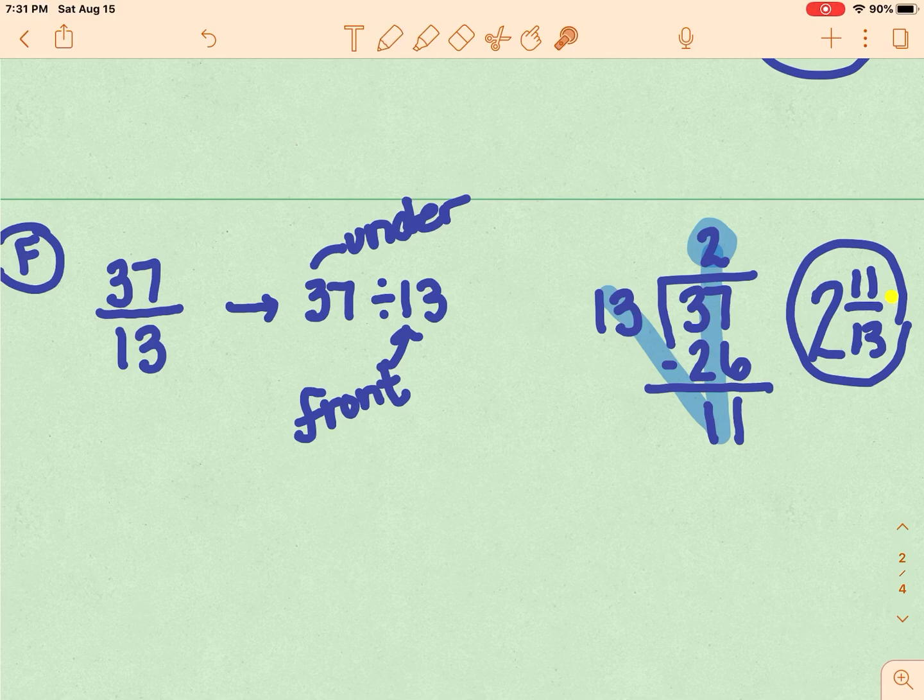Now remember, we do need to check this part to make sure it doesn't reduce. Since 11 is prime and 13 is prime, they don't have anything in common, so that's going to be your final answer. Okay, now make sure on all of these, you have these examples in your notebook. And make sure that you go back and rewatch this if you feel like you're not really sure if you've gotten the skill yet or not.